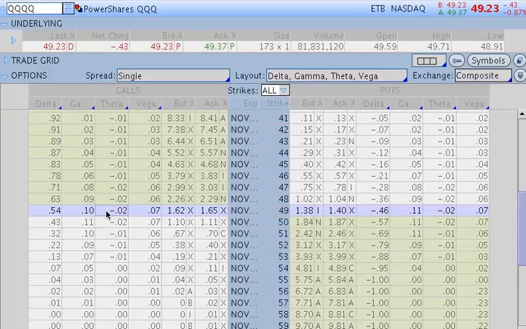And then when you wake up at expiration, you have no value in this option and you have a big loss on your hands. So again, theta is something very important that you want to take a look at. Clearly you can see that as you get closer to the current market, these at-the-money options, theta becomes more and more powerful and eats away more and more at the value of the option.